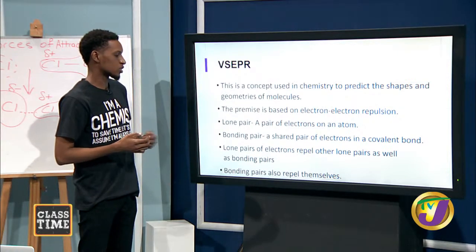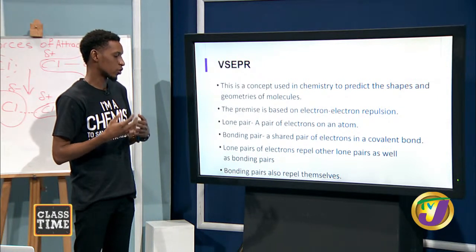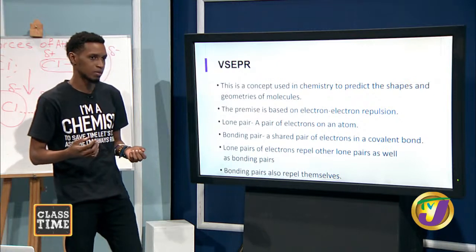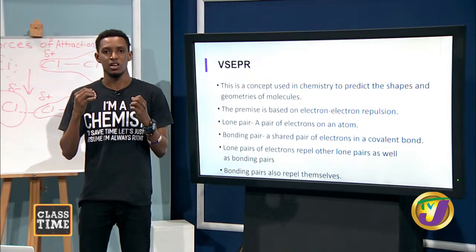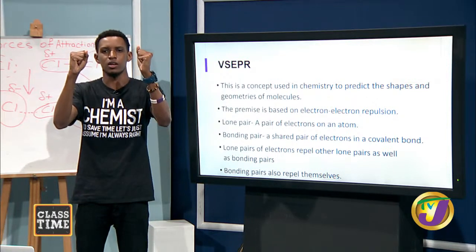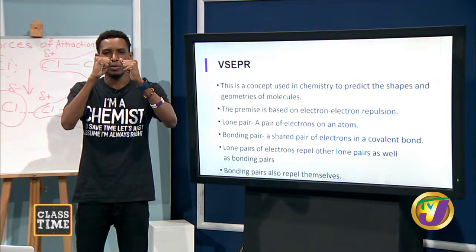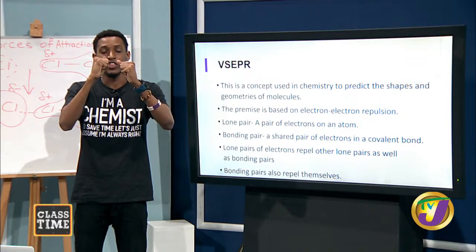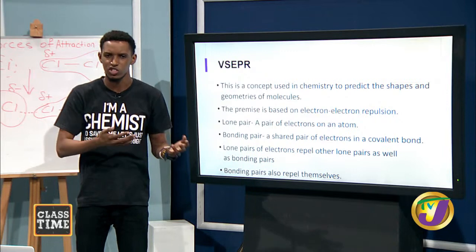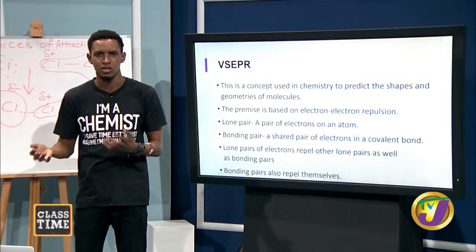So, lone pairs of electrons repel other lone pairs of electrons as well as bonding pairs. So what I'm trying to say is that if this is one lone pair and this is another lone pair, and those lone pairs were right next to each other, they would repel each other greatly because negative charges repel negative charges, right?